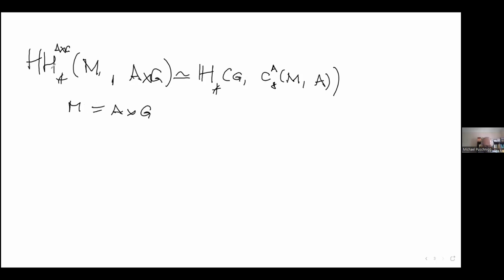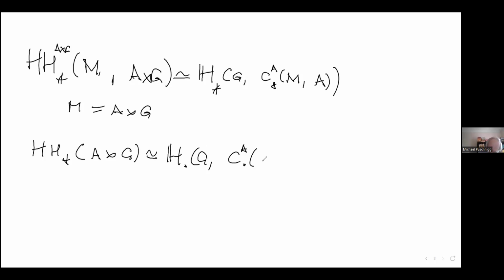And in this case, we deduce that the Hochschild homology of the cross product A cross product G viewed as bimodule over A cross product G becomes just isomorphic to the hyperhomology of the group G with coefficients in the Hochschild complex with respect to the algebra A of the cross product here and A.